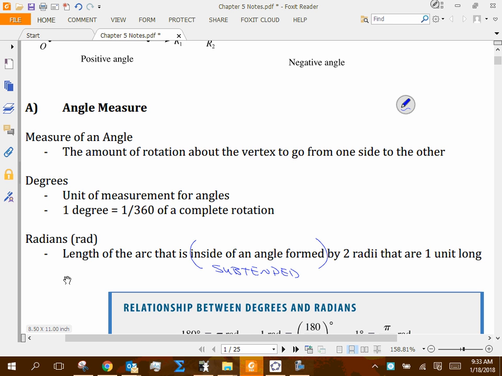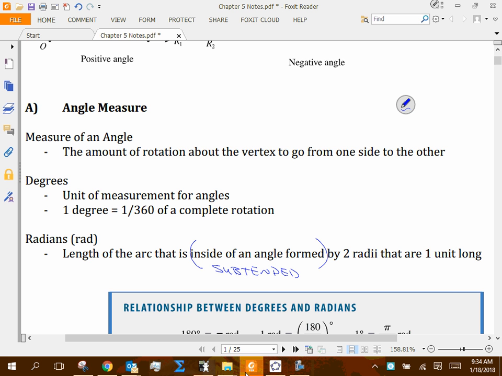Every time you take a circle and draw an angle inside that circle, and your rays pass through the circumference of the circle, that circle is divided into two sections. The arc that is on the inside of your angle is referred to as the subtended arc. It's a phrase we use a little bit in geometry, but you might see it more often now in WebAssign questions and stuff like that. So that's what subtended means.